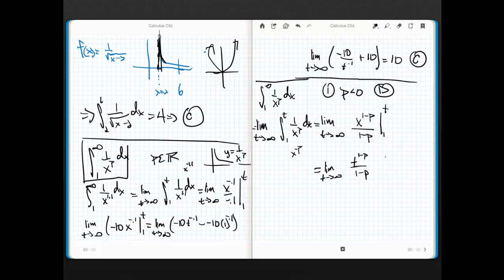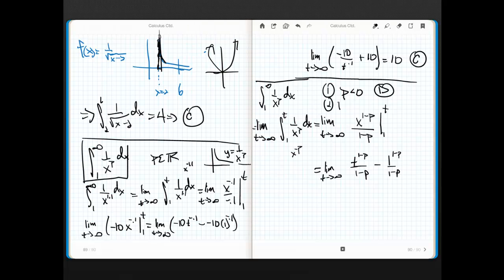So here I get this, and then minus, well, I'm going to get 1 to the 1 minus p over 1 minus p, right? Okay, well, that's cool. So think about this. This already tells me that p cannot be 1, right? p can't be 1, because if it is, all hell breaks loose, and I end up with a 0 in the denominator. So we could throw that in as a case.